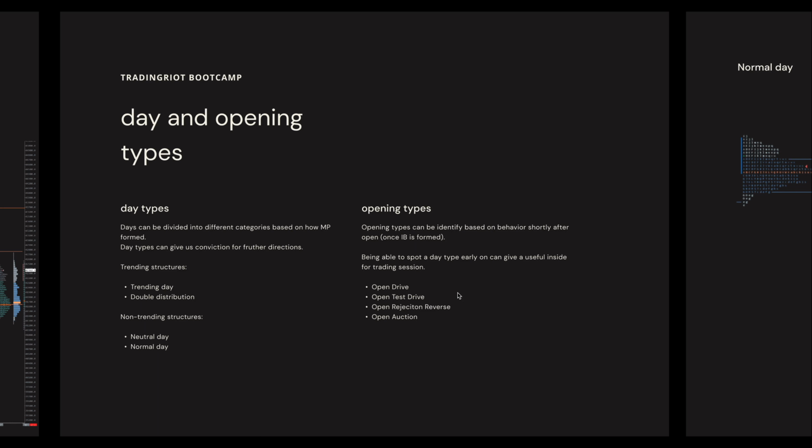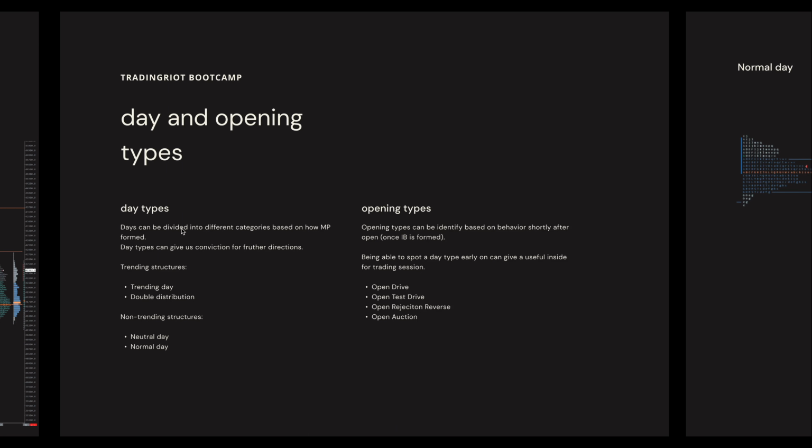So this is something you might want to look into if you decide to only trade one market or two markets. It's definitely worth tracking these types and seeing if there is any use in them. But let me just show you quickly the example.